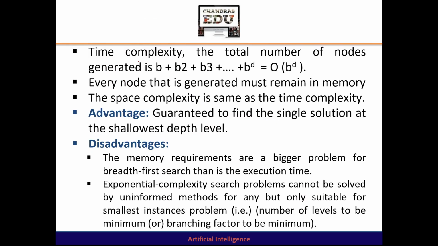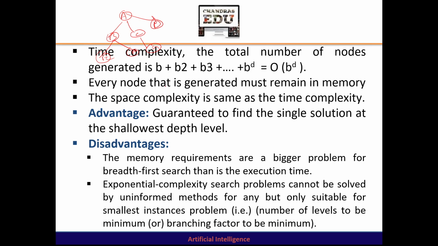And the time complexity, as we have seen, there can be different branches. When you are taking an element A, it can have B, C, D. That means three branches are there. When you go to the next level, B may have E, F, and C may have G. So the branches will keep growing as we go down the graph or tree.